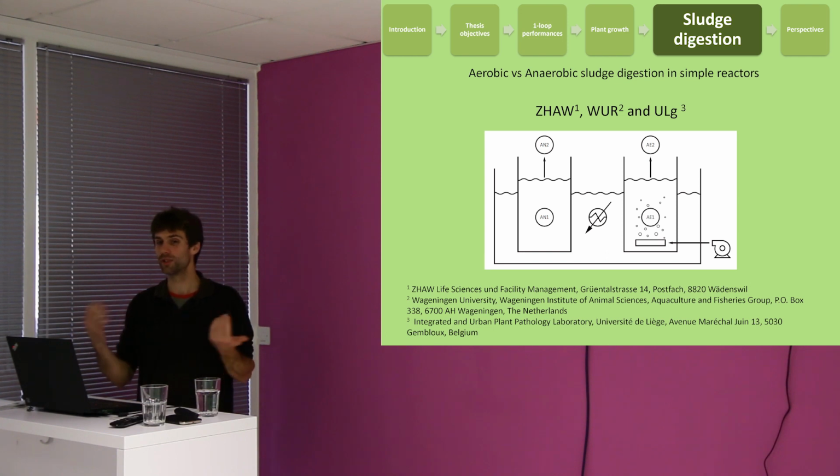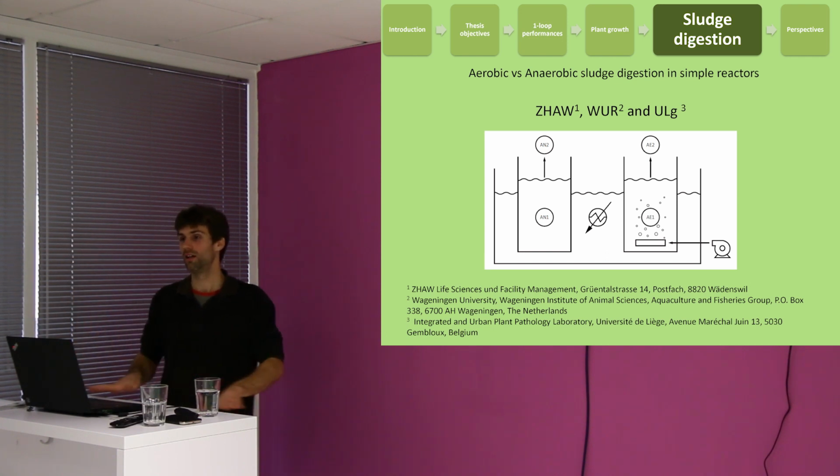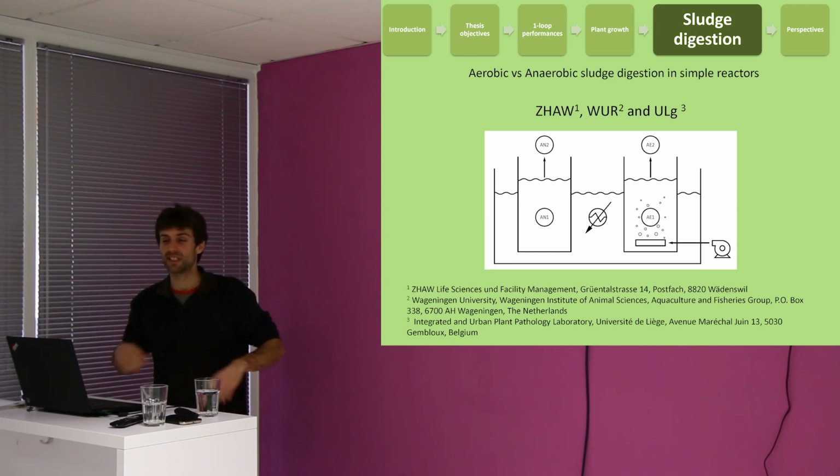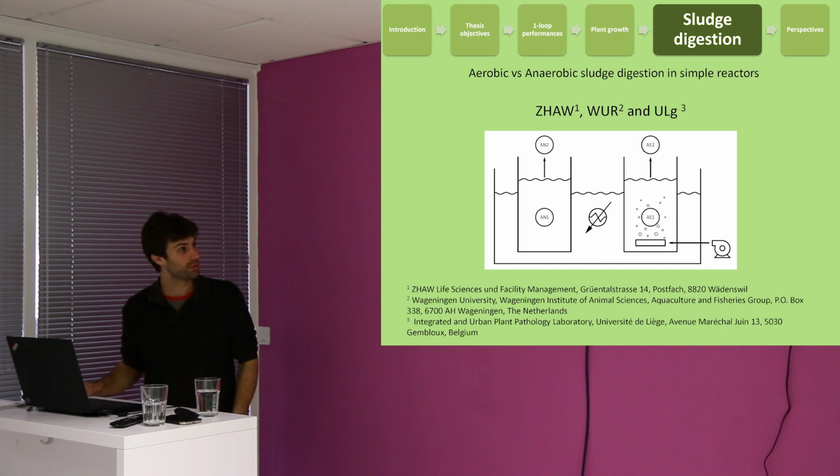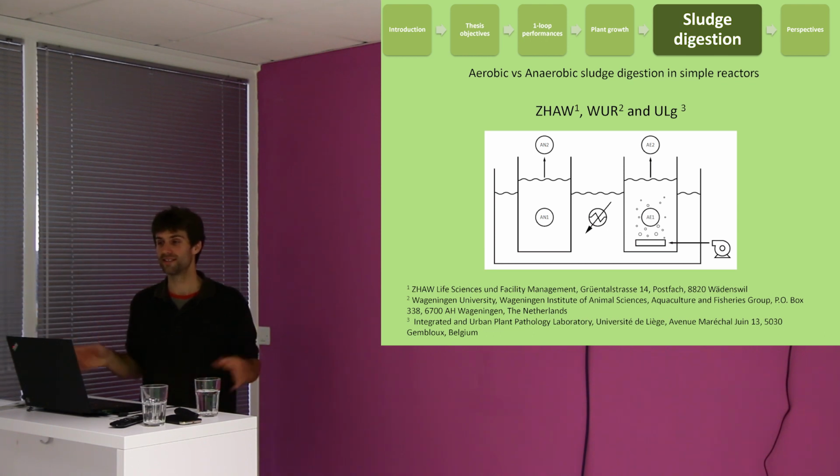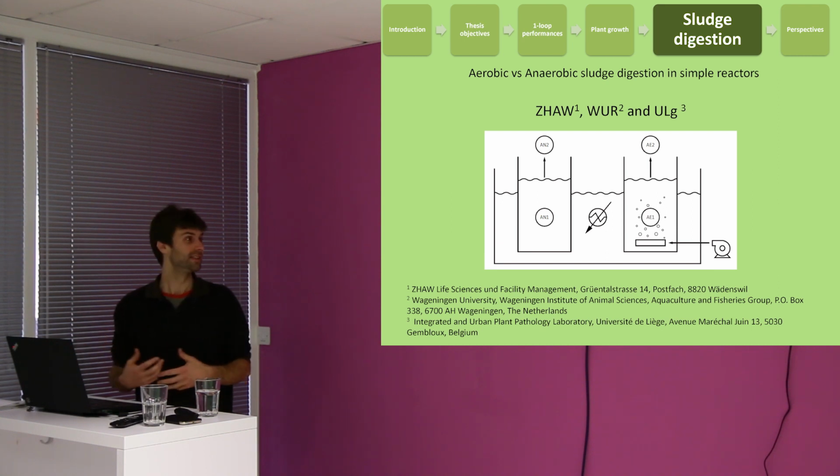It's imitating what happens in nature at the bottom of lakes and ponds. And we just mix it every time we add fresh sludge. The aerobic one, you blow air, and you have a moving bed reactor. It's all the time mixed, and there is air in there.